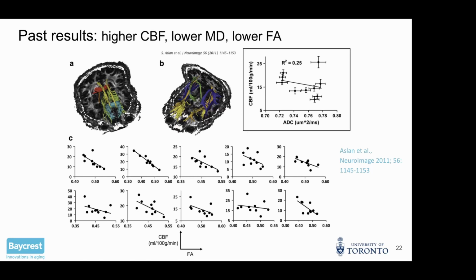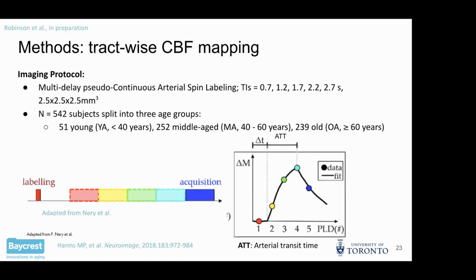So is that what we saw? First question for us is to see how far we can reproduce this result, but we're not using the exact same arterial spin labeling technique. We're using, within the HCP aging project, multi-delay pCASL, pseudo-continuous ASL, with multiple inversion times.